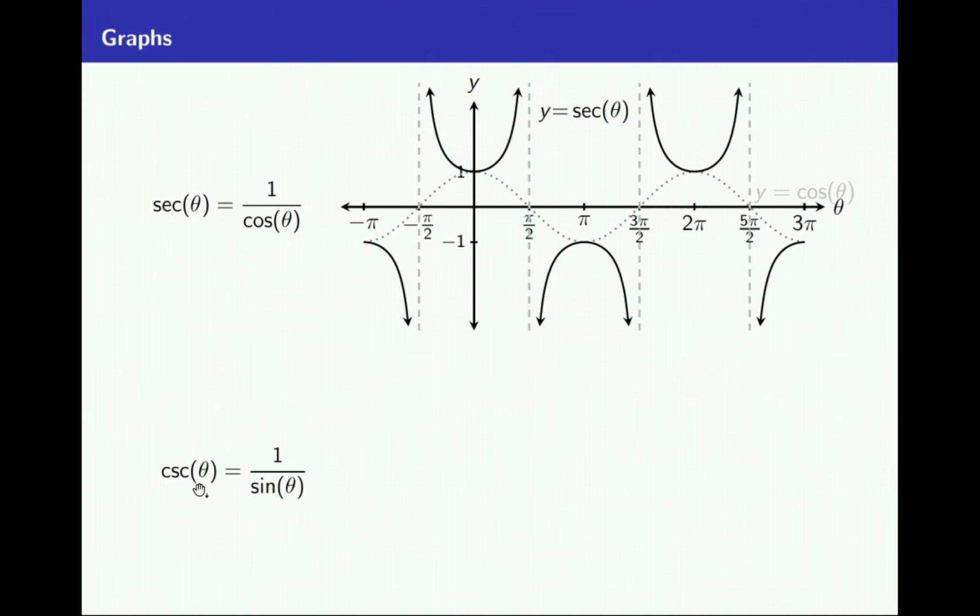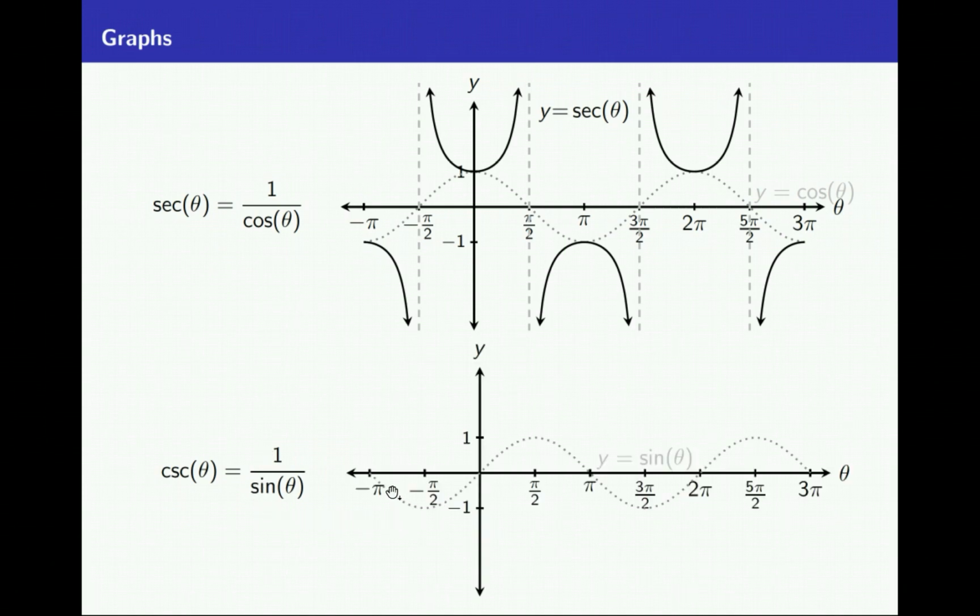For cosecant theta, it's 1 over sine theta. To draw its graph, we'll start with the graph of sine of theta here. And let's see, when theta is close to 0 or close to pi, sine of theta is going to be very close to 0, so that reciprocal is going to be very large.